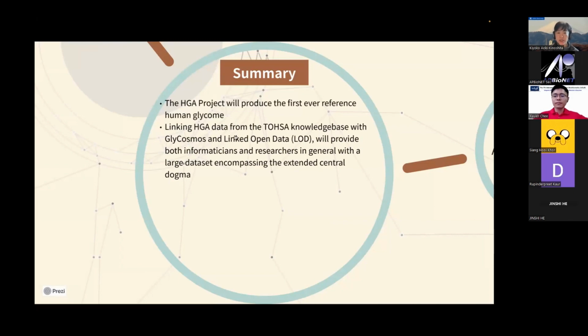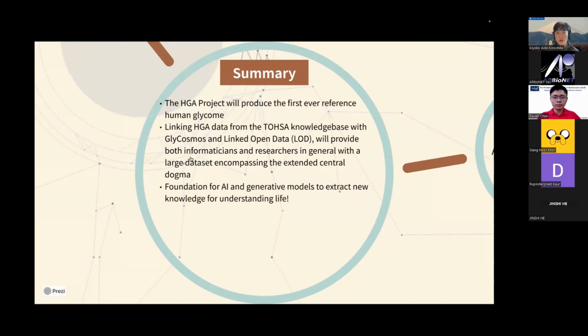By linking the HGA data from the TOSA knowledge base with Glycosmos and linked open data, we will be able to provide both informaticians and researchers in general with a large data set encompassing the extended central dogma. It'll be important, especially for researchers, to develop user interfaces that make it easy to access the information they're looking for. It's just so much information.